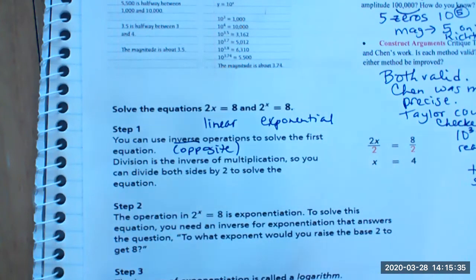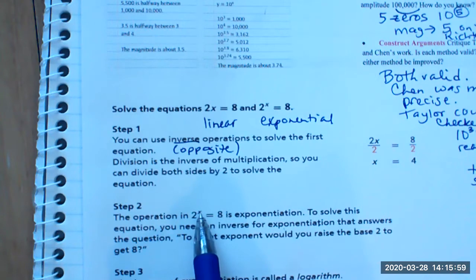So we need to figure out a way to do the opposite of raising to a power, the inverse for exponentiation. What we're going to try to do is figure out to what exponent we would have to raise the base 2 to get 8. And that's where a logarithm comes in. Now, mentally, many of us could figure out the value of x just from our background knowledge.